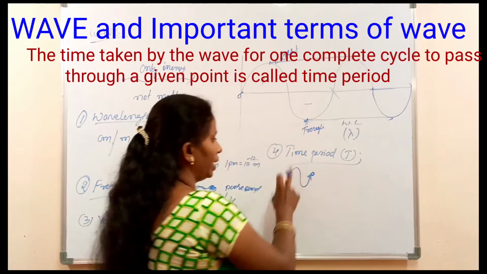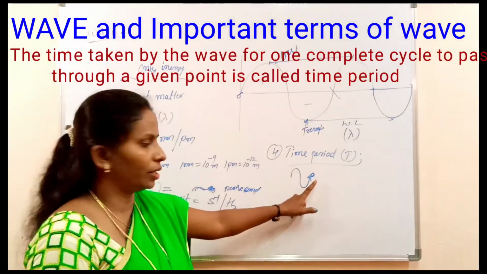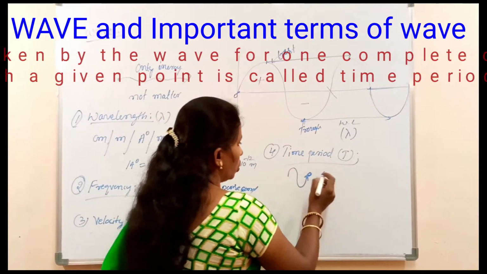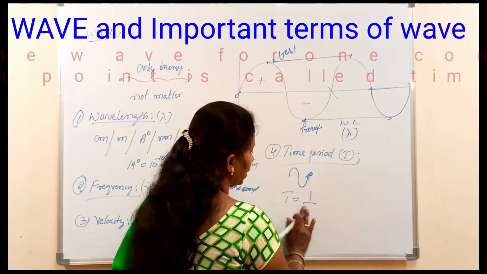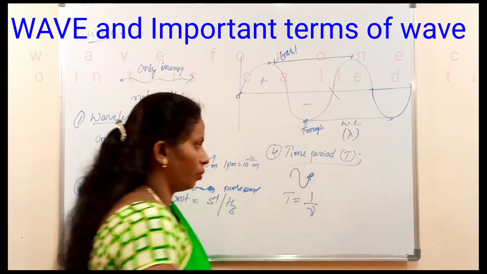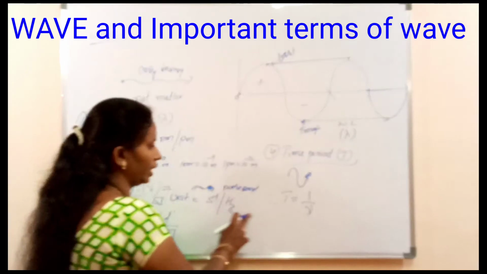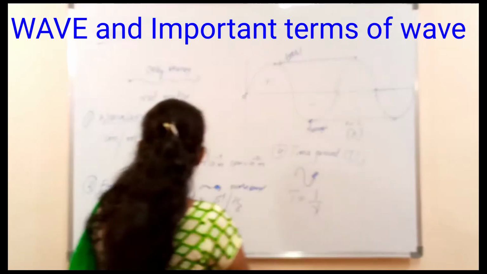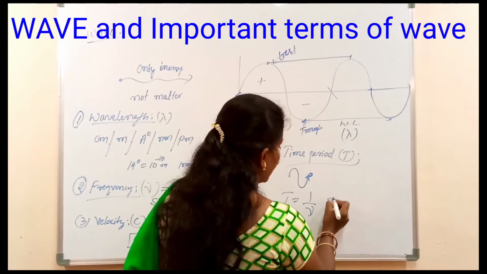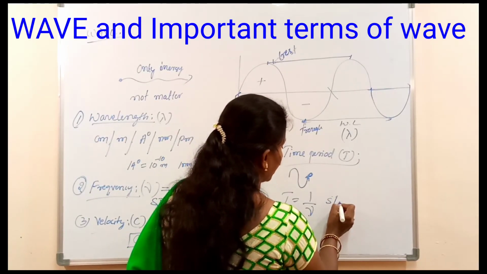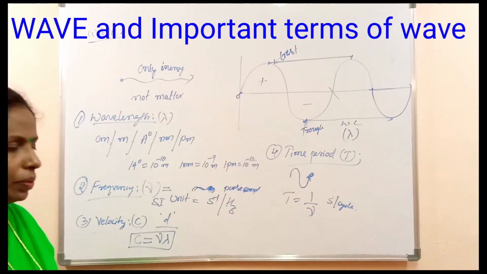T is given by 1 by nu. So this is seconds per cycle. Frequency is per second, so time period is the reciprocal of frequency, and the unit is seconds per cycle.